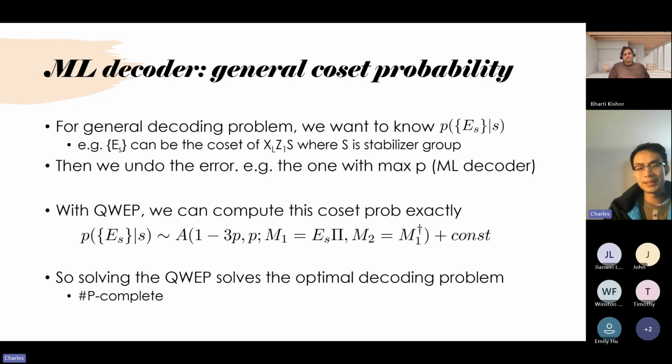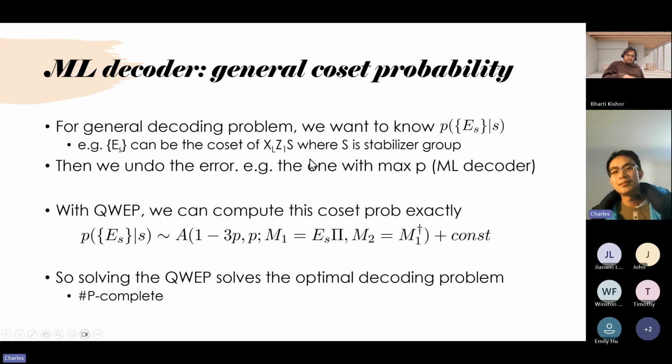But for the more general decoding problem, we would also like to compute the conditional probability, given some syndrome that may or may not be trivial, that the error actually lies in some coset. So for instance, you can think about a coset generated by some logical X times some Z error.